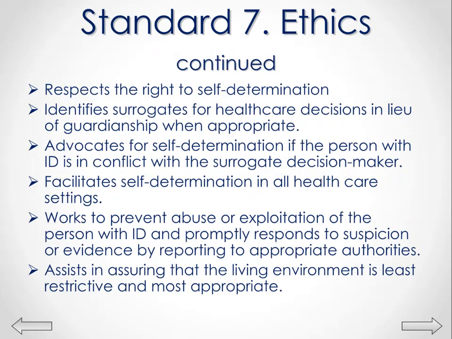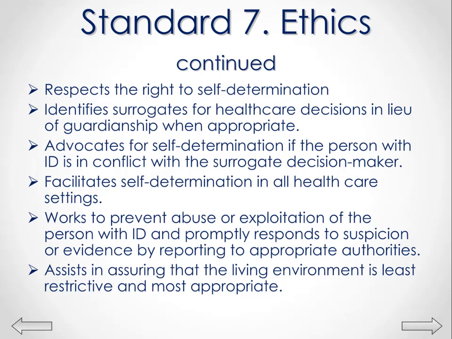The registered nurse's obligation is always to support the self-determination of people with intellectual disabilities. And that includes determining what the person would have wanted to have happened if a surrogate decision maker is in place.